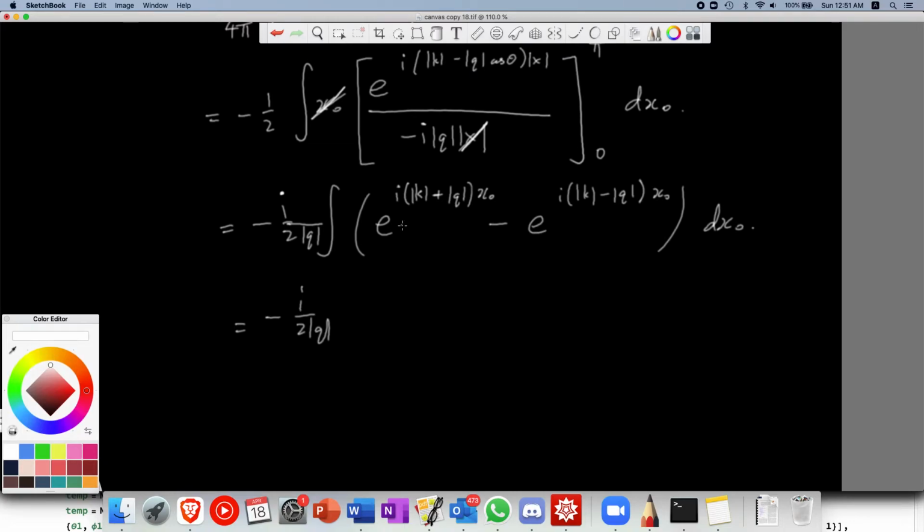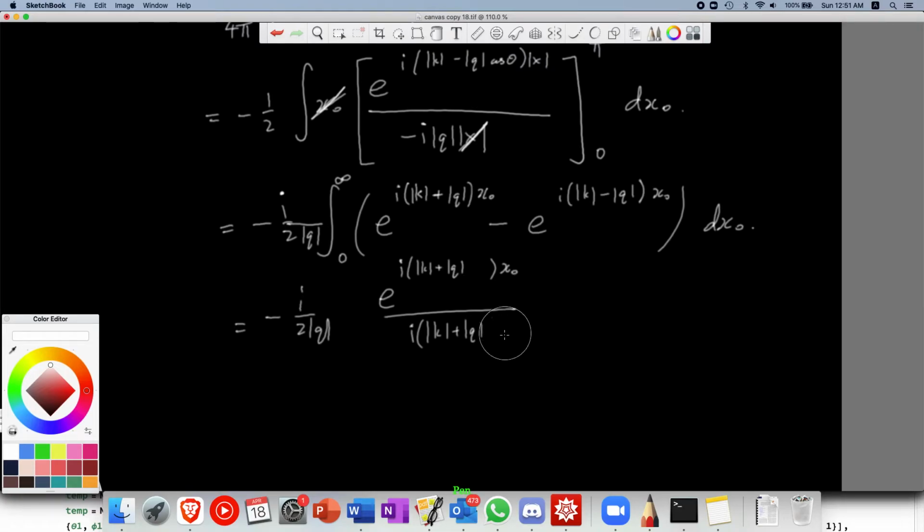Right now this integral is pretty simple, except for this little fact. This is the integral from 0 to infinity, so we have e to the power of i k plus q x naught over i k plus q.